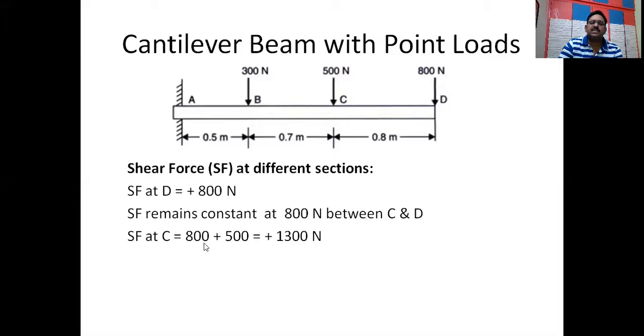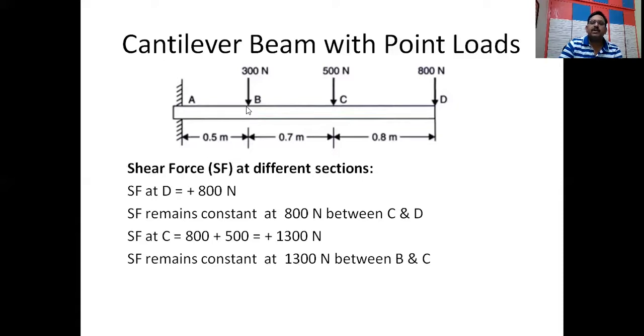The shear force at C is nothing but 800 plus 500, the resultant force acting downwards, that's why I have taken it as plus. 500 plus 800 is 1300. So plus 1300 is the net resultant force, that is the shear force at this section. Between B and C, it remains constant because the net resultant force will be 1300 only. Therefore, shear force will remain constant at 1300 between B and C.